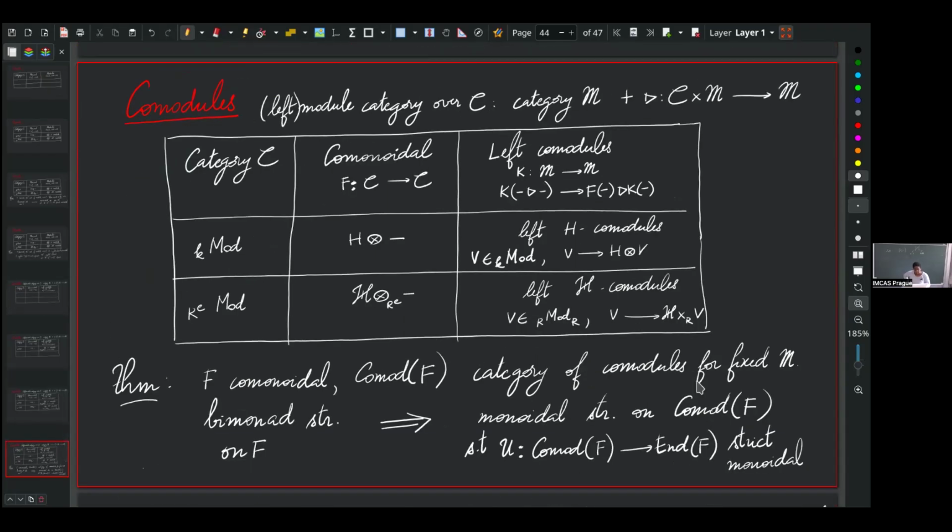If our comonoidal functor is a bimonad, then the category of comodules is monoidal, where the monoidal structure is just the composition of functors.